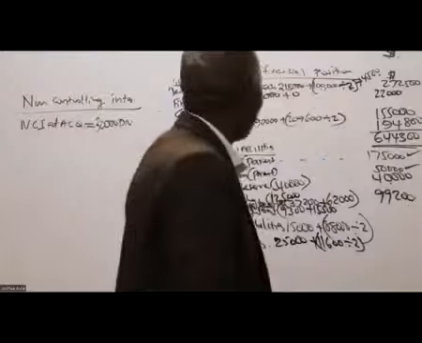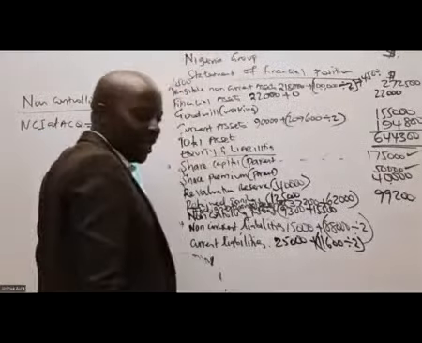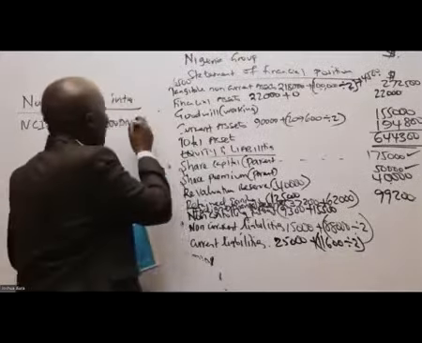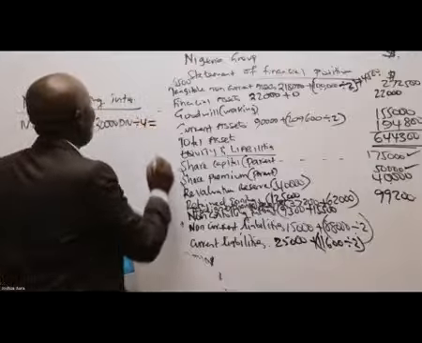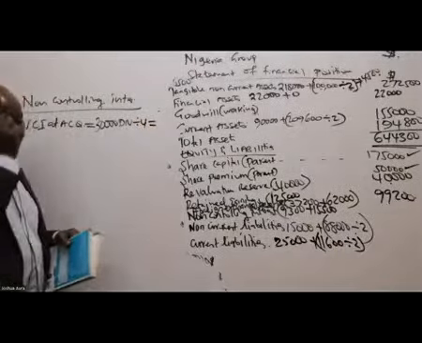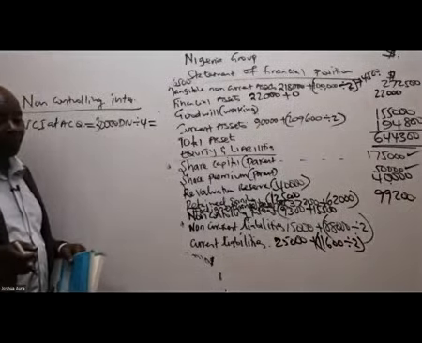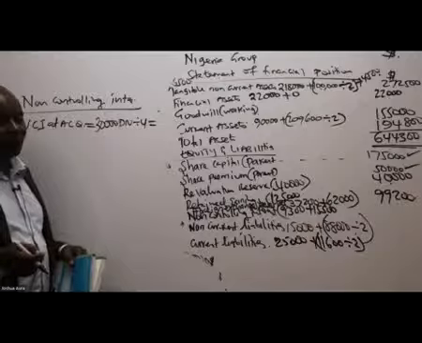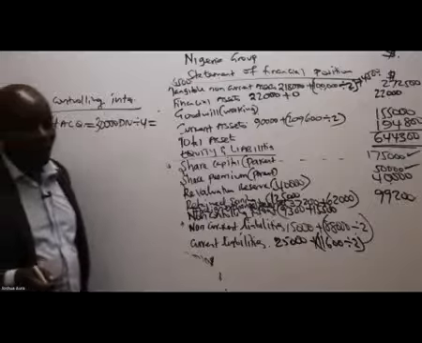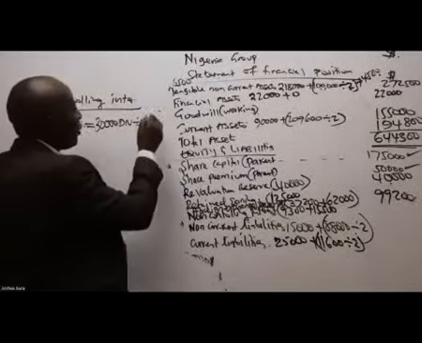Because you can even see here we are saying NCI at acquisition at 4. So divide this with 4. Could you kindly give me this figure? Right, so 7,500. Thank you very much.